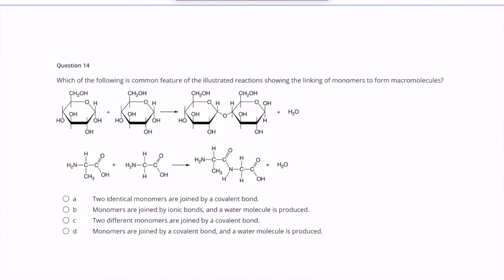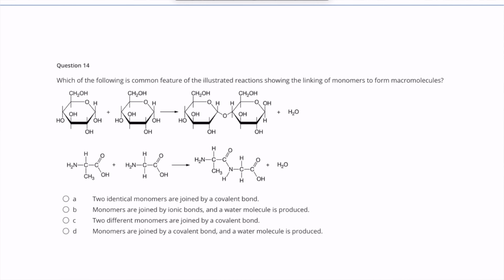I know that it's sugar from the chemical structure: a monosaccharide and another monosaccharide going through the same dehydration synthesis reaction to form a disaccharide. And the second one, the NCC tells me this is an amino acid bonding with another amino acid. Again, water is escaping the reaction from both of them, and you are forming this peptide bond and this protein right there.